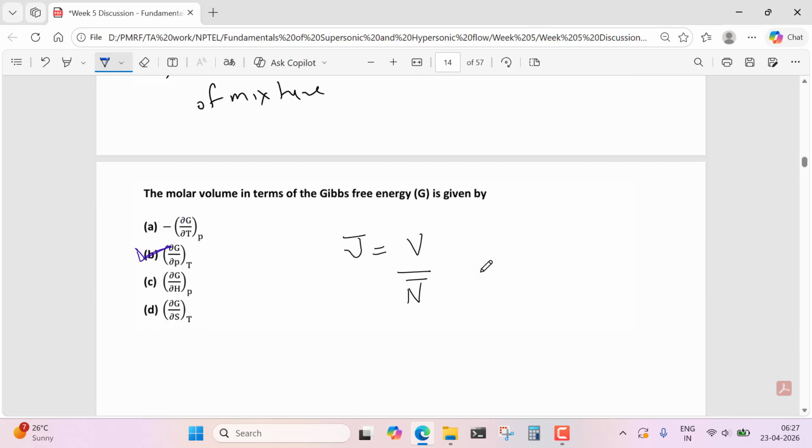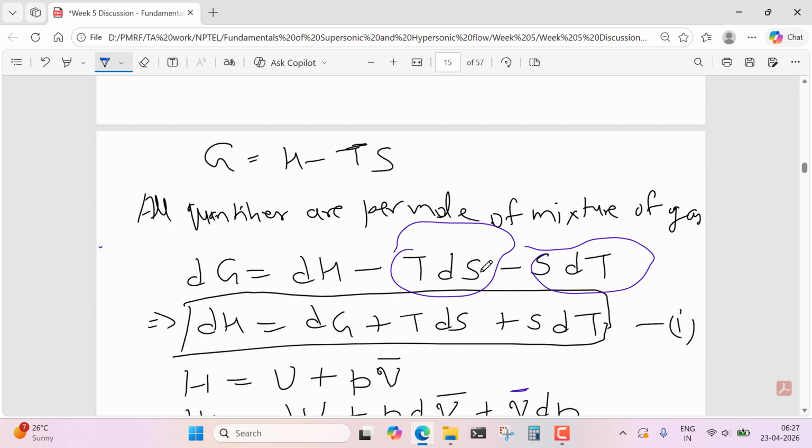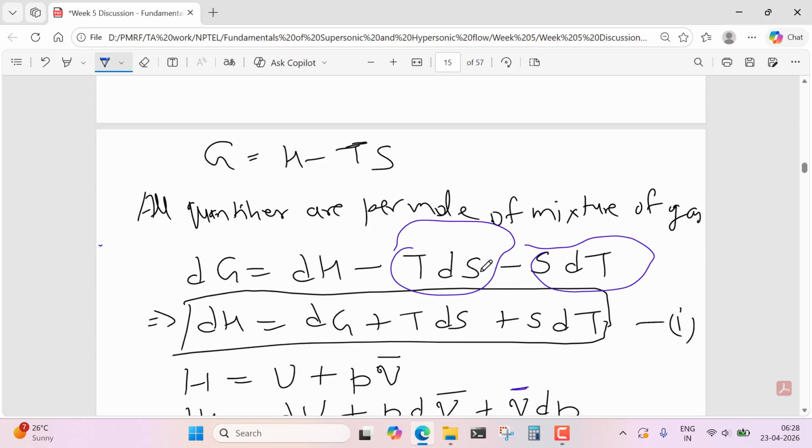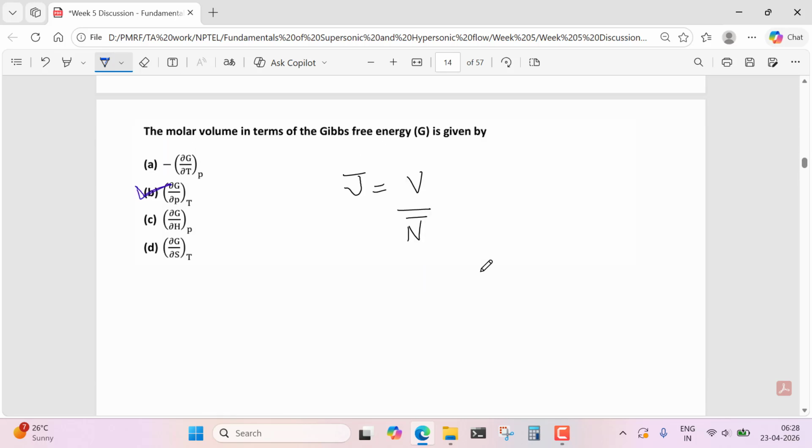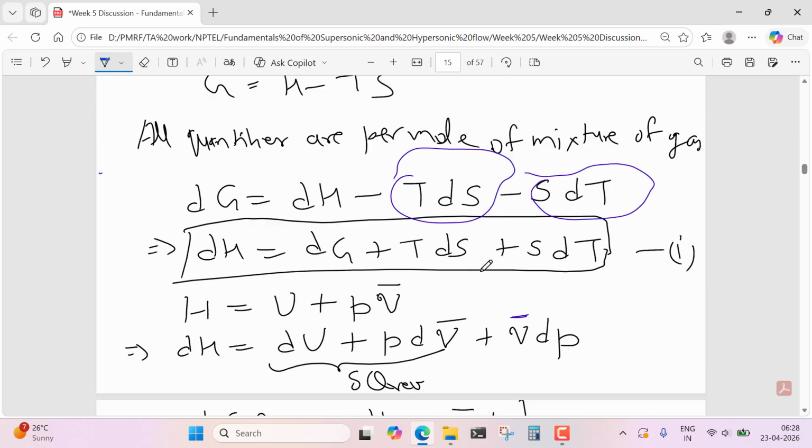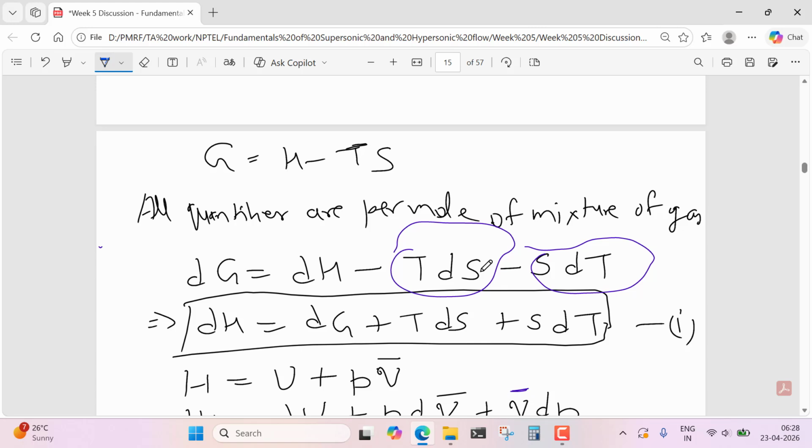So we'll start with the definition of Gibbs free energy. How is it defined? It is G equal to h minus ts, and here all the quantities are per mole of the mixture of the gas.